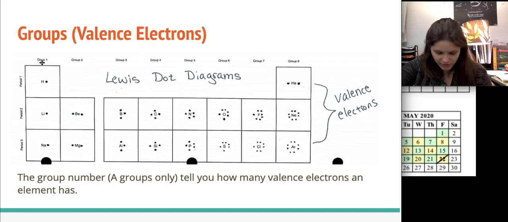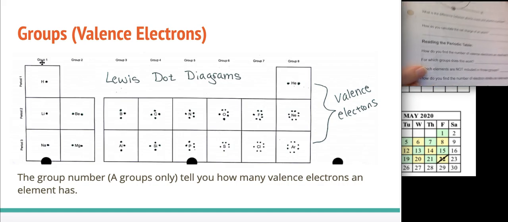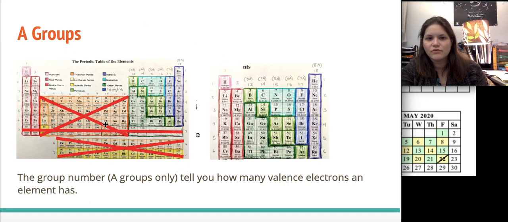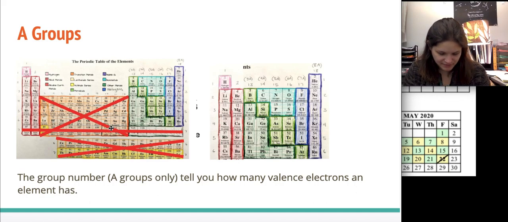Now this is only for the A groups. So when it says for which elements does this work, it's just the A group elements. So groups 1A, 2A, 3A, 4A, 5A, 6A, 7A, and 8A. So that is skipping over these transition elements.